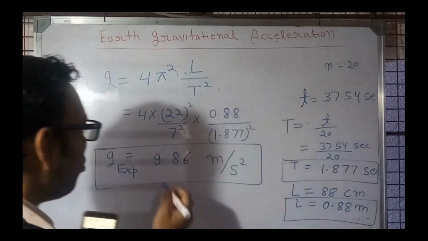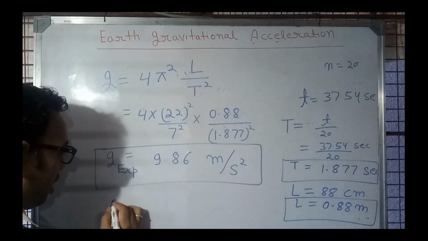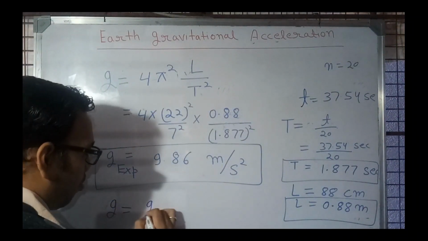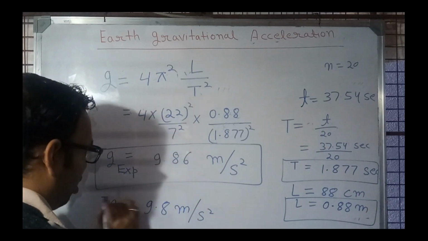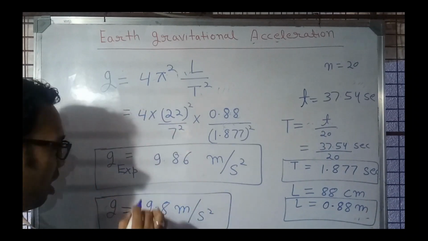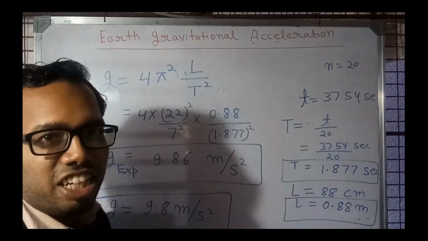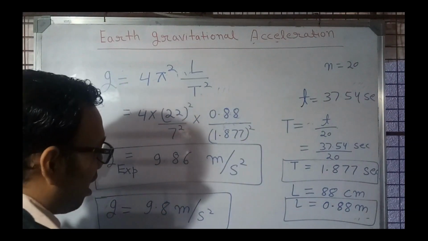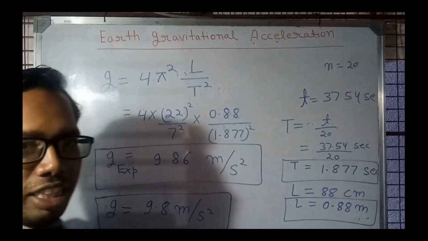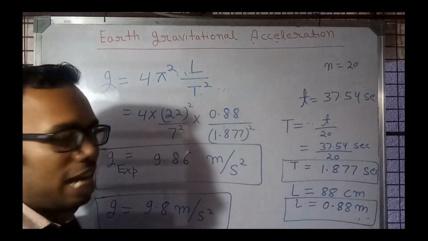And what is our required value? Our required value is 9.8 meter per second square. This is the actual value of the Earth's gravitational acceleration. So we will calculate the percentage error between the two, to see how much error there is in our experiment.